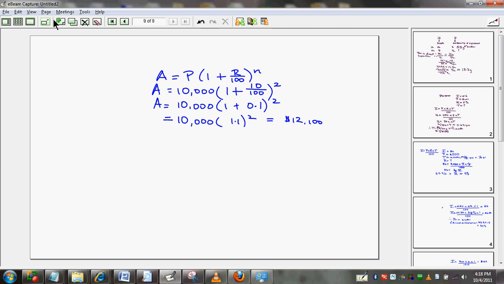State which of the two investments is better, giving reasons for your answer.